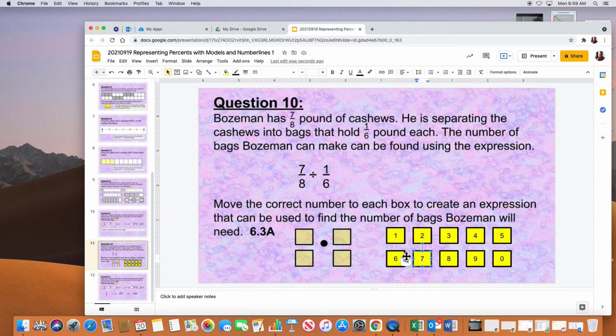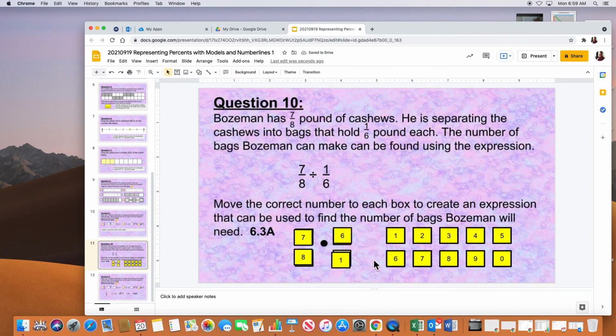We keep the 7 and the 8. And on the other side, we use the reciprocal. So instead of 1/6, it becomes 6/1, and that will give us the answer that we're after.